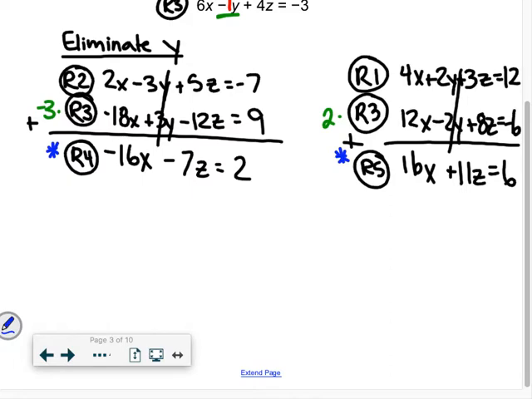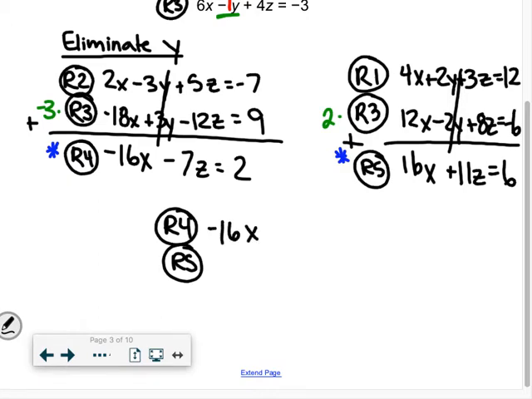What's really nice about our row 4 and row 5? The x's are set up to cancel already, right? Positive 16x and negative 16x. If that were not the case, we would have to multiply row 5 or row 4 by something. But we're ready to just stack them and add them.